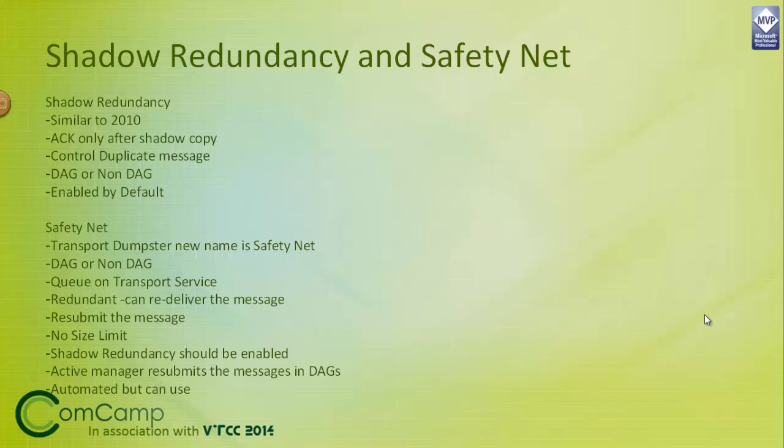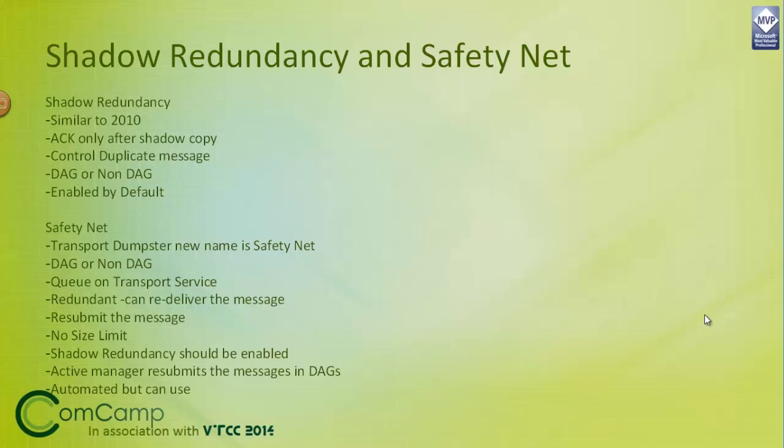All right. Shadow redundancy works both in DAG and non-DAG. DAG is another transport boundary, and for a non-DAG environment, it's AD site is the transport boundary. By default, shadow redundancy is enabled.